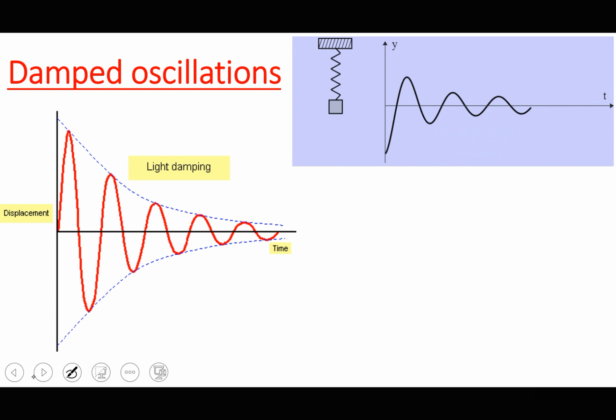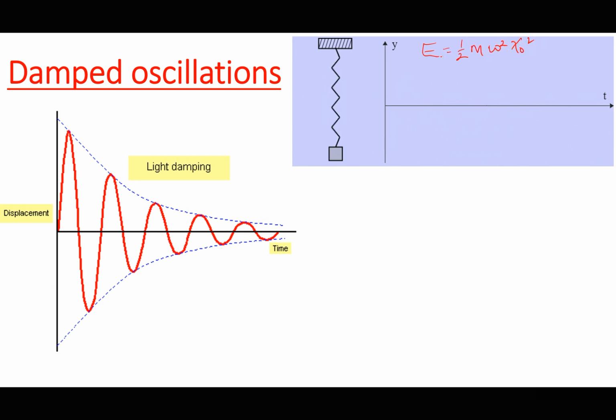They occur with a decrease in amplitude because the system loses its energy, since energy is equal to a half m omega squared x naught squared. This is the total energy. Because the system loses its energy as heat, the amplitude of oscillation also decreases. Those systems are going to be damped.